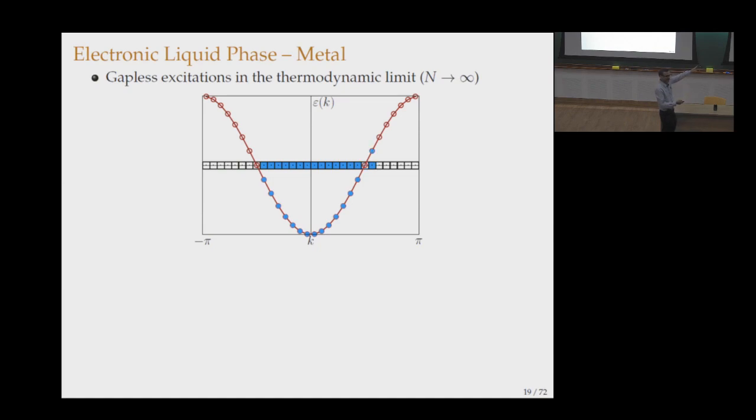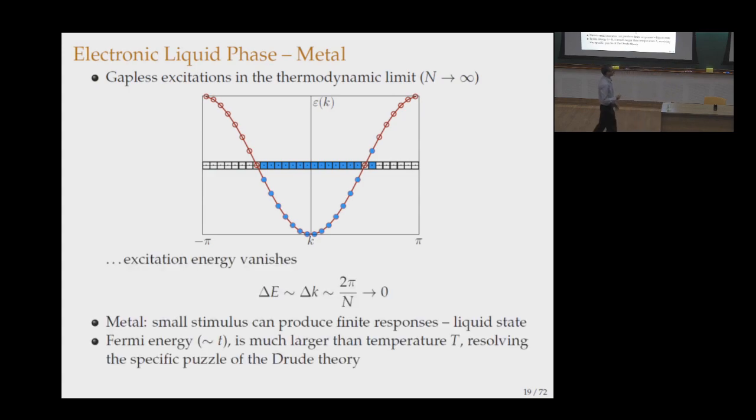If you look at this a little bit longer, you will see that the excitation energy is proportional to this delta k, which you remember. That's the slope of this dispersion times delta k. But delta k, remember, goes as 2 pi by N. So in the thermodynamic limit, it costs me no energy to excite.